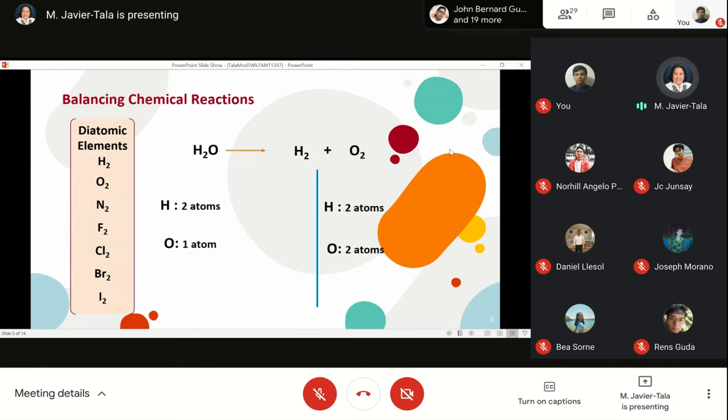So as you can see, we have to make the number of oxygen atoms equal. So we multiply the oxygen atom by 2 so that we will have 2 atoms. Where will you put the multiplier? You put it in front of the compound where your oxygen is included.